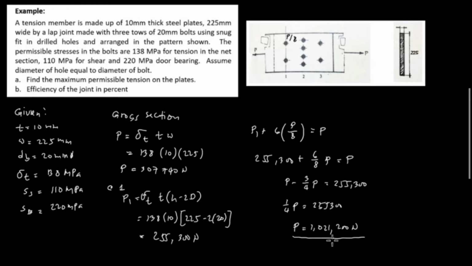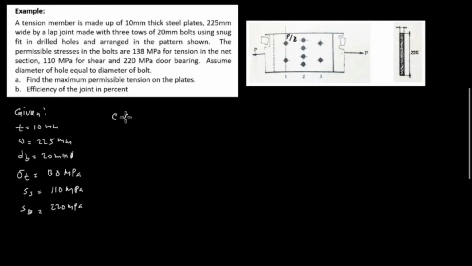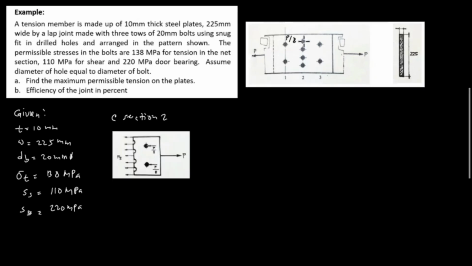And that's for section 1. At section 2, we have 4 bolts, and this is the diagram. So we have F2 or P2 and the force P. Same procedure, the tearing plate at section 2 is equivalent to P2.